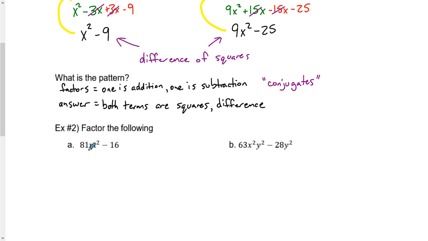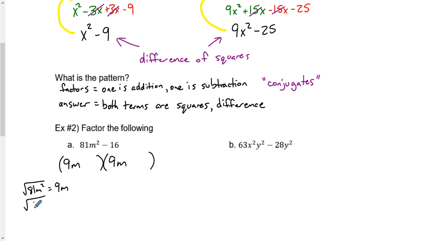We can do the exact same thing here. The only difference is we have different numbers. The square root of 81m squared is 9m. That's going to go in the first spot.